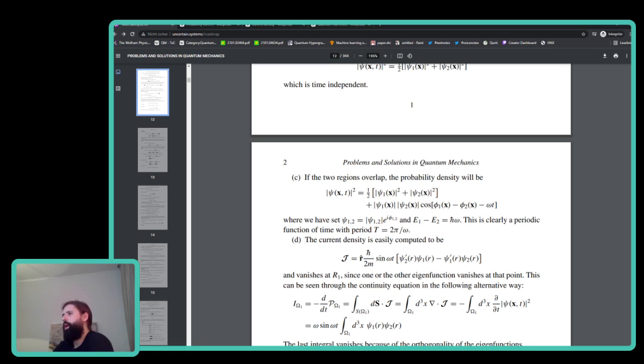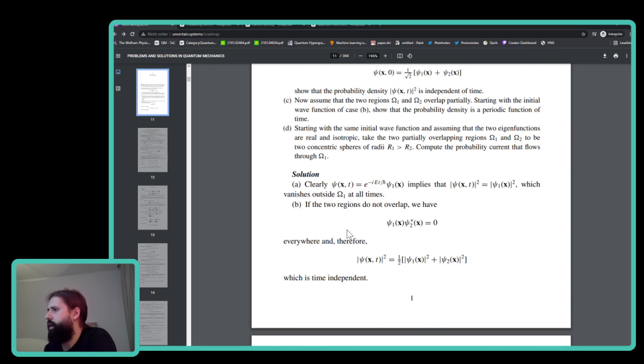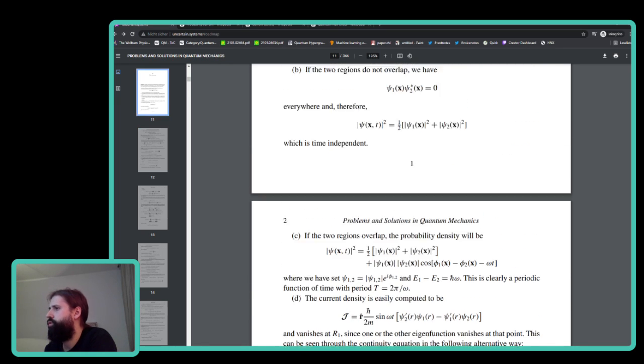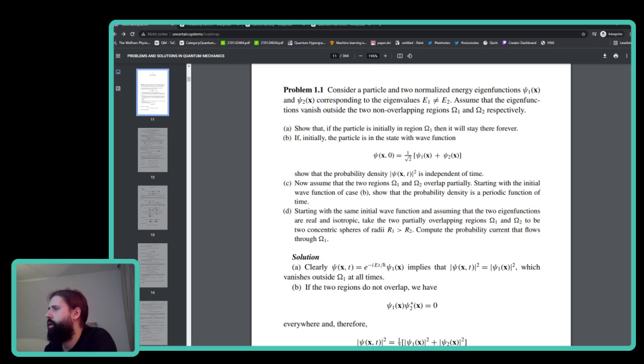And now basically what we're saying is probability density, yeah, real and isotropic.